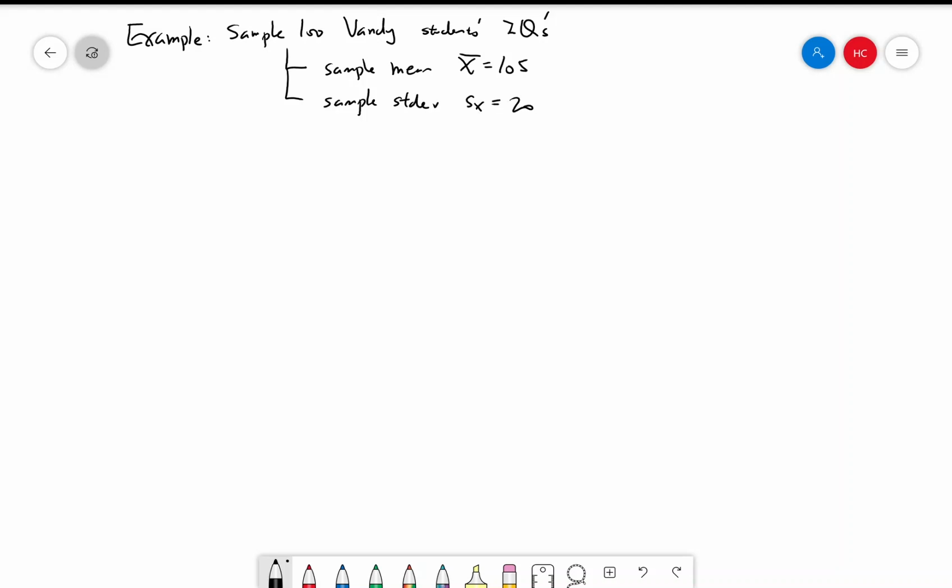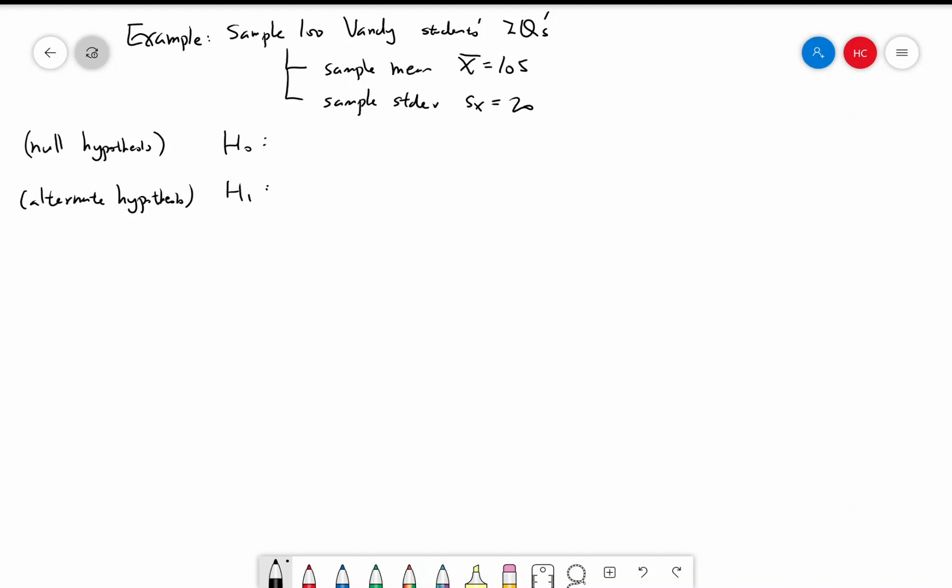So now we have two conclusions possible: the null hypothesis and the alternate hypothesis, H0 and H1.